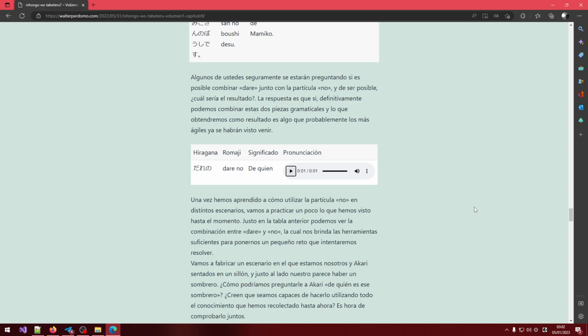So how will we ask Mamiko who this hat belongs to? How do you say that in English? My English is the worst. Who is the person who possesses this hat? I will translate it like that.